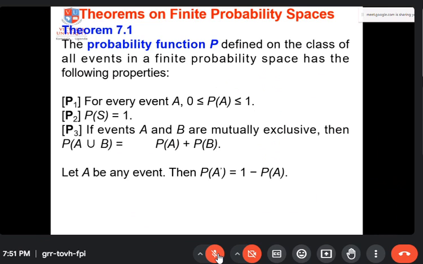Then the probability of A complement is 1 subtract the probability of A. I think you remember that one when we were trying to find a case where we have at least one head when we toss 3 coins. We said that we just remove the only 1 point which doesn't have a head, then all the others will be included.